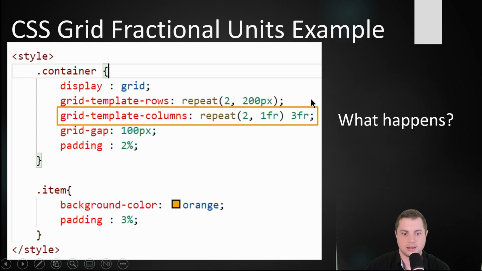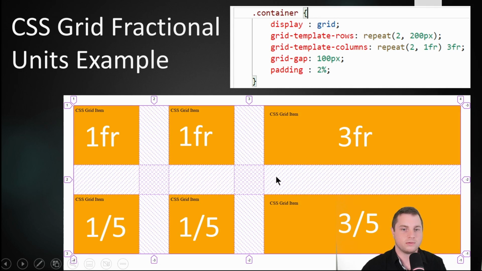And if you guess that this over here is going to be a 3/5 and everything else is going to be a 1/5, you are correct. So that's what we mean by the total fractional units that were given. We could have said repeat 2 by 10, so it'd be 10FR, and then 3FR, which would give a total of 23.